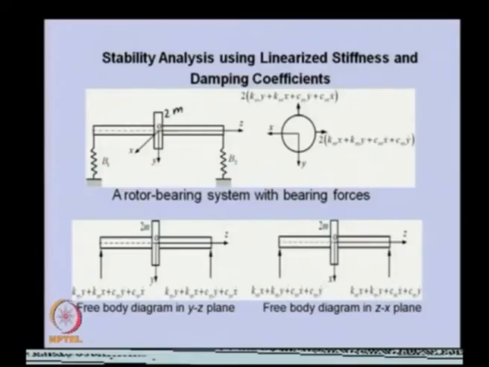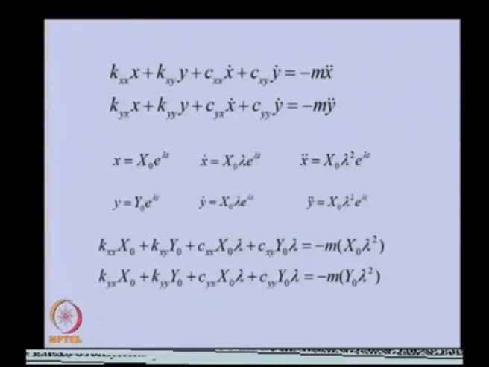So, we can now write the equation of motion using this, because we have taken the mass of the rotor as 2m. Basically we get a very simple equation like this: external force is equal to inertia. By that we can obtain this equation of motion. Now, because there is no unbalance in the system, let us take the solution of the response in x and y direction as amplitude times e to the power lambda t.